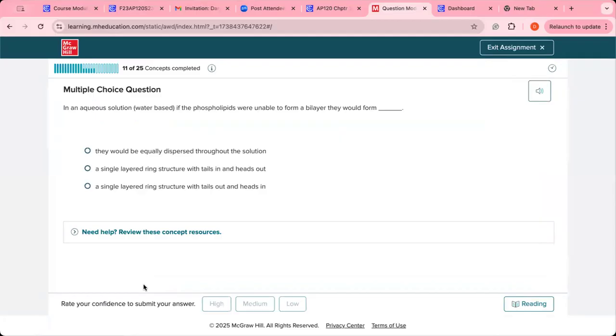In an aqueous solution, okay, we did this one before. In an aqueous solution, water-based, if the phospholipids were unable to form a bilayer, they would form a single layered structure with tails in and heads out.